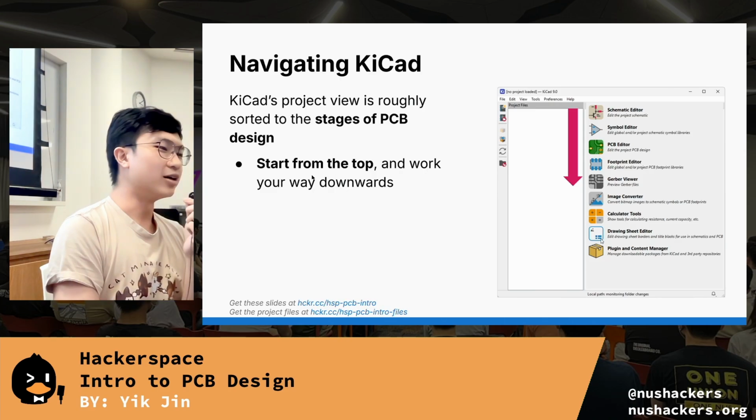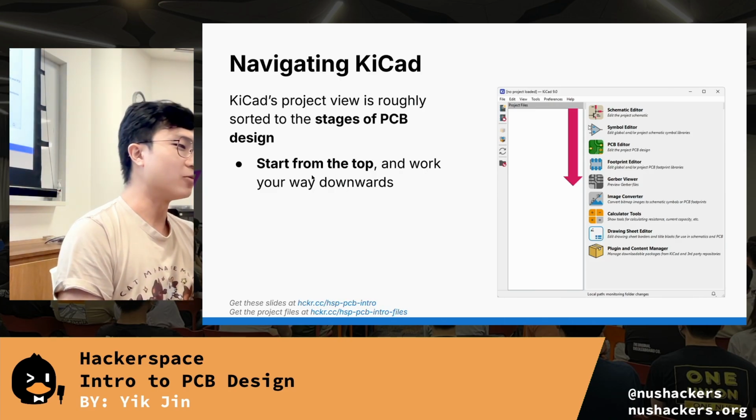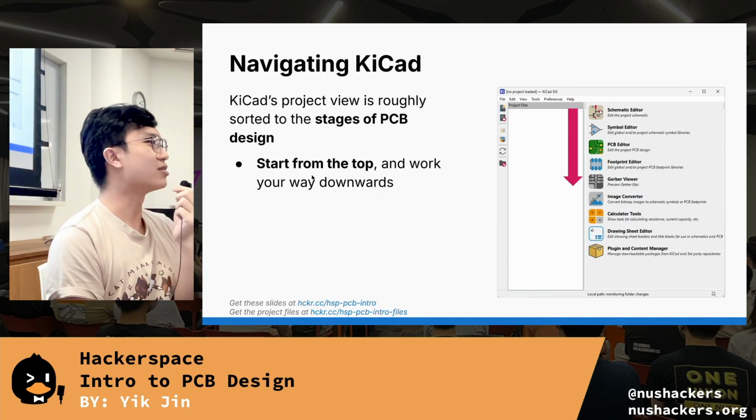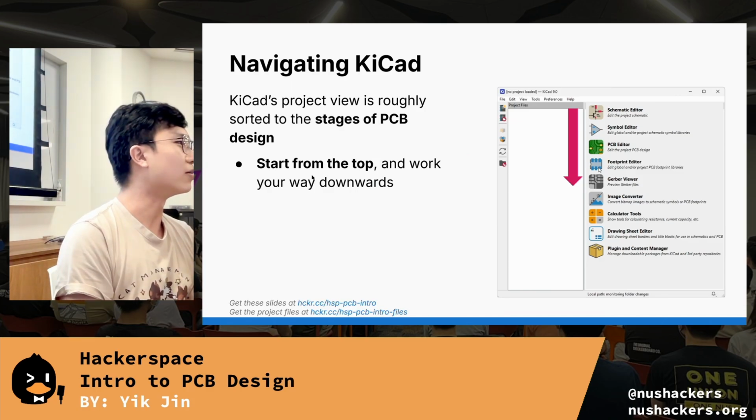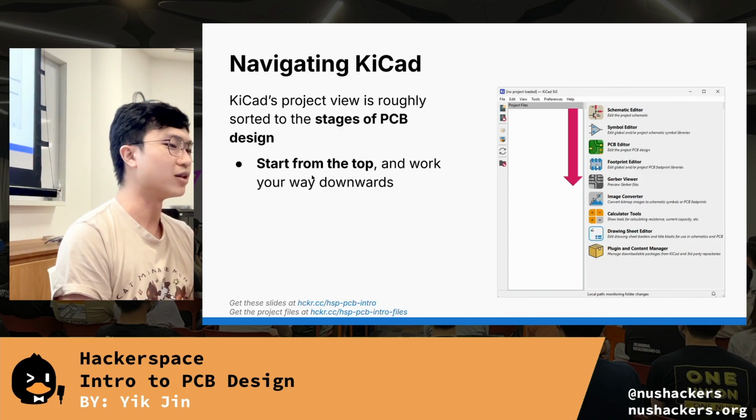In general, the way to go about making a PCB project is top to bottom. You start with schematics, and if you have some missing schematic symbols that you want to create, you can create them with the symbol editor. Then after you're done with schematics, you can move on to the PCB editor, where you'll be editing your PCB design. If in the PCB design you are missing some component shapes on the PCB board because they're not pre-made, you can make them under the footprint editor.